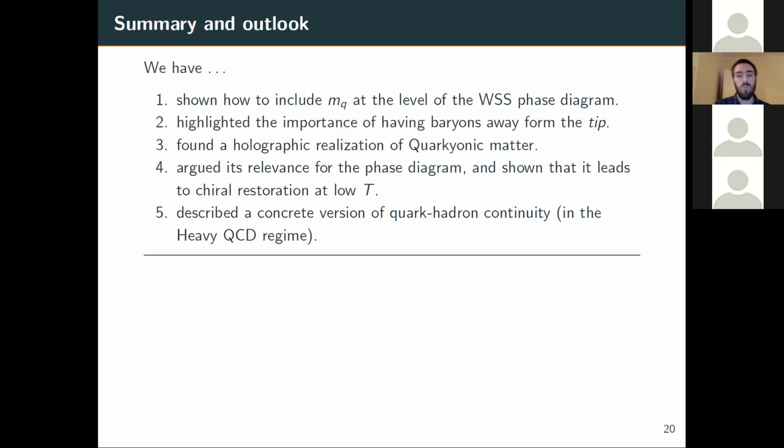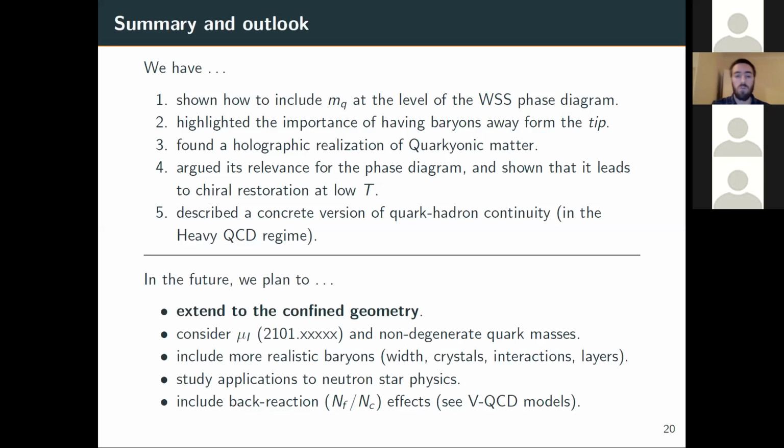What I would like to do in the future, and what I'm working on, is, first of all, very, very interesting: to extend this to the confined geometry. This was all done assuming the geometry that has this black hole, but it's not at all trivial to understand how, if this is quarkyonic matter, you can realize it in the confined geometry.